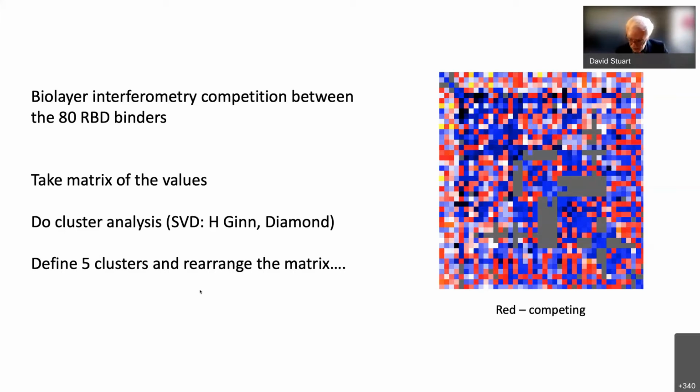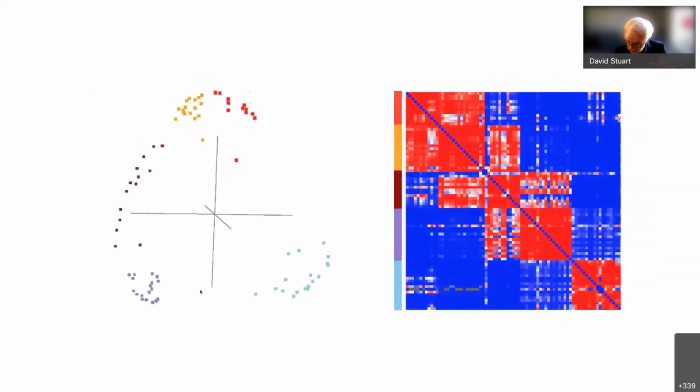And this shows the results in the random order that the antibodies were isolated in. The red dots mean that the antibodies compete, blue means they don't compete, grey means we didn't do the measurement. So at this point, Helen Ginn, who is by training a crystallographer and had recently developed a cluster analysis method based on singular value decomposition, looked at this data and used cluster analysis to rearrange the matrix.